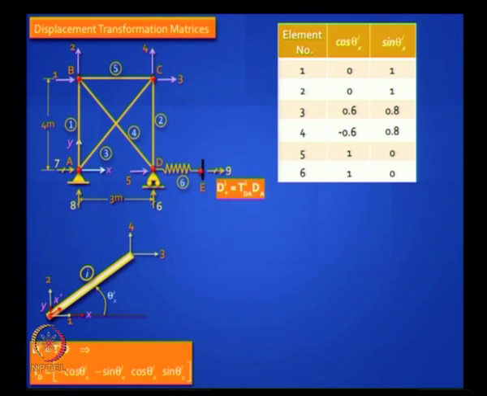You will have 9, 5 belonging to active degrees, 4 belonging to the restrained ones. So, you will have mostly zeros and you will have these 4 non-zero quantities, cos theta minus sin theta plus cos theta plus sin theta. So, each row will fill up 4 locations, the rest will be 0.